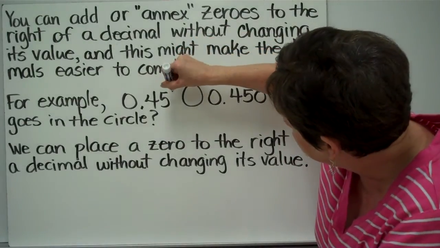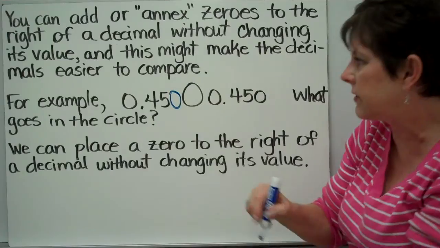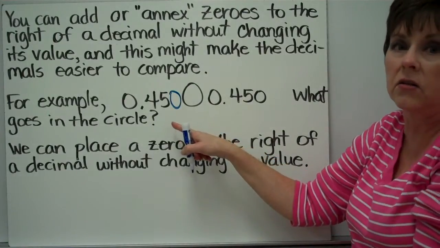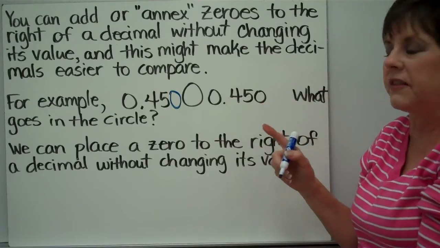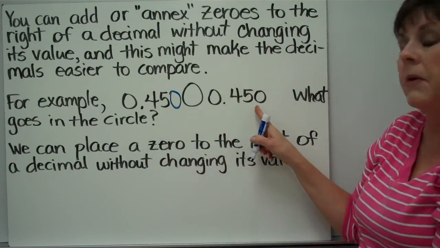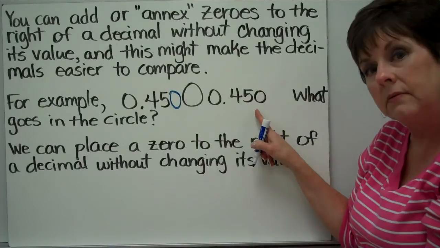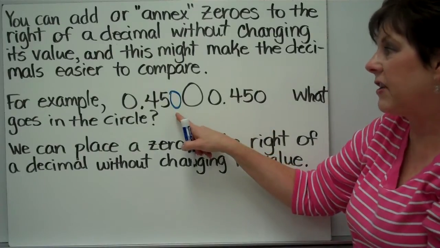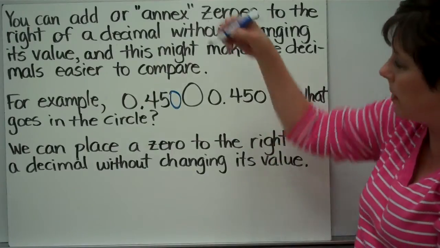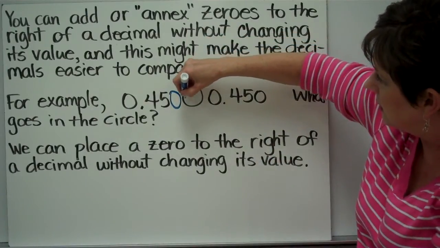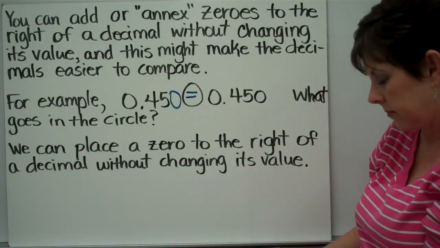So let's place a 0 here to the right of this decimal. This is still 45 hundredths, you could say, or 450 thousandths. It's the same number now as this one. I haven't changed its value. So now it's the same number on both sides.